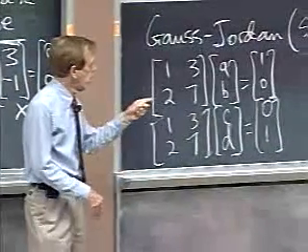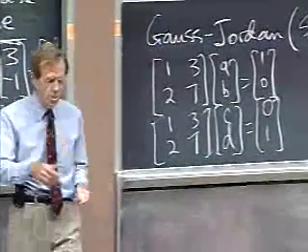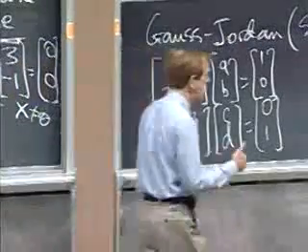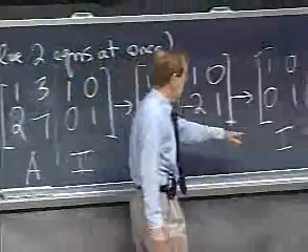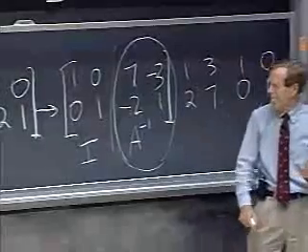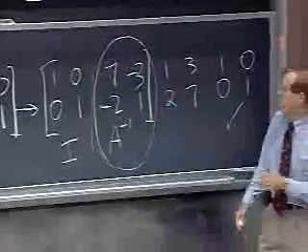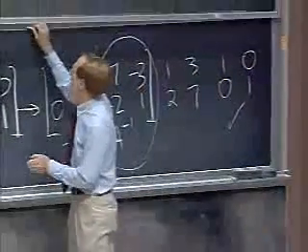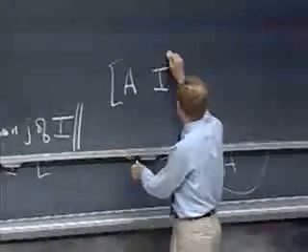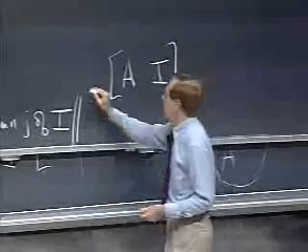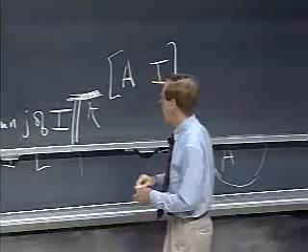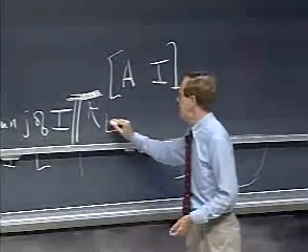So we do row reduction, we do elimination on this long matrix A I until the first half is I. Then the second half is A inverse. Well, how do I see that? Let me put up here how I see that. So here's my Gauss-Jordan thing, and I'm doing stuff to it. A whole lot of E's.